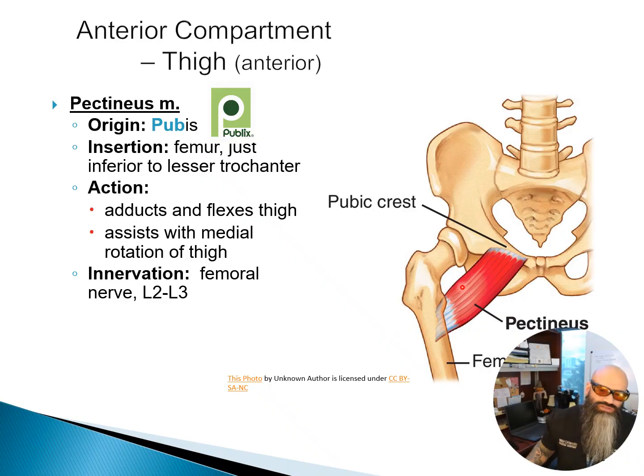That's not important, just as long as you say femur, because when this muscle contracts, it's going to pull the femur immediately toward the midline, causing hip joint adduction. Understand that it's innervated by the femoral nerve, the portion that originates from L2 through L3. I mentioned in class that the pectineus is the shape of a Publix sub, it's half order. Just to help you remember the origin.